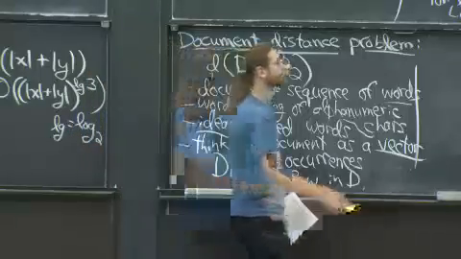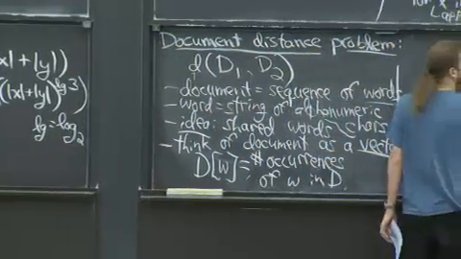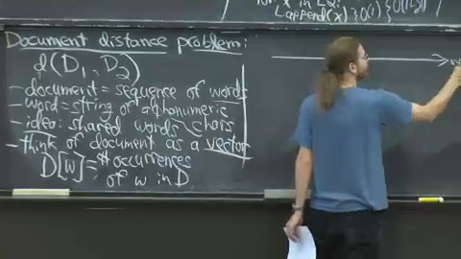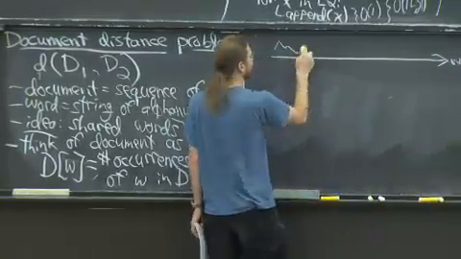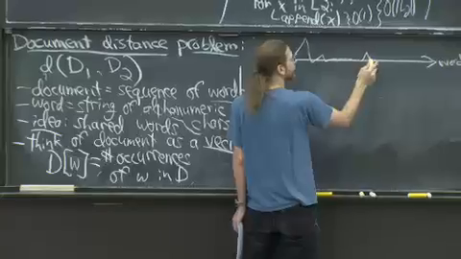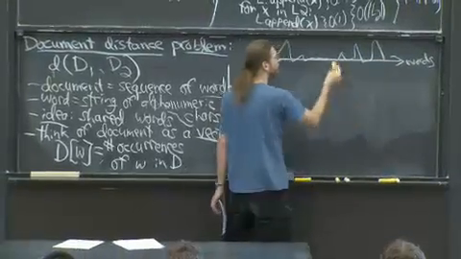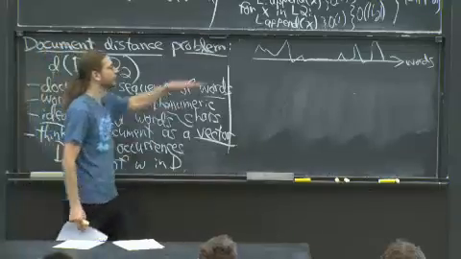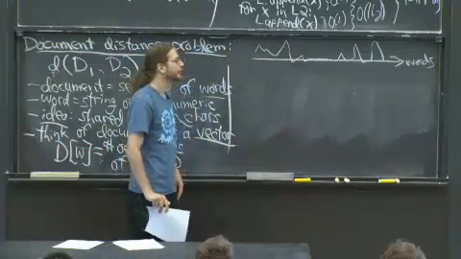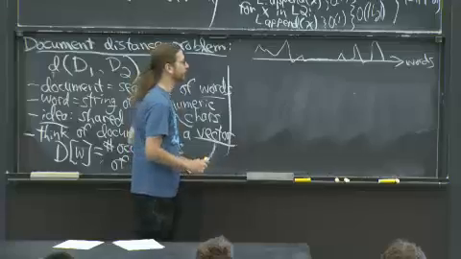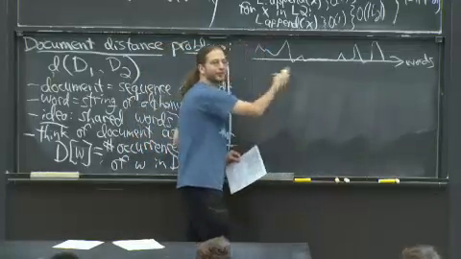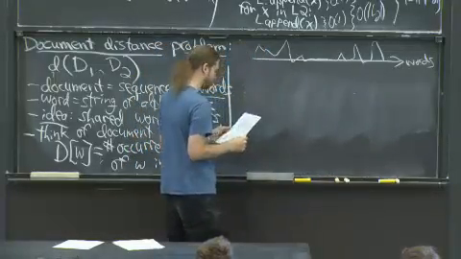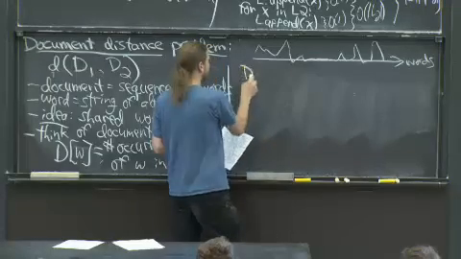I think of this as a giant vector indexed by all words, and for each of them there's some frequency. A lot of them are 0, and some have a positive number of occurrences. You can think of every document as one of these plots on a common axis. There are infinitely many words down here, so it's a big axis, but it's one way to draw the picture.